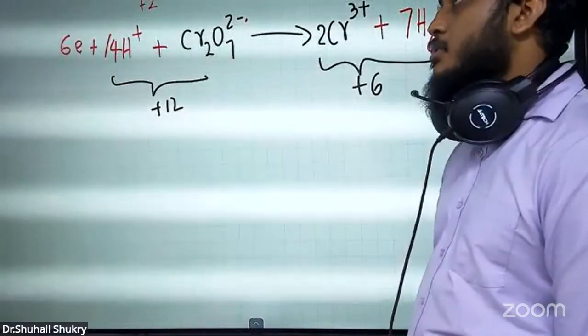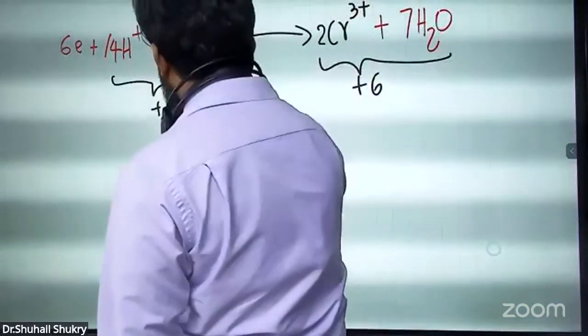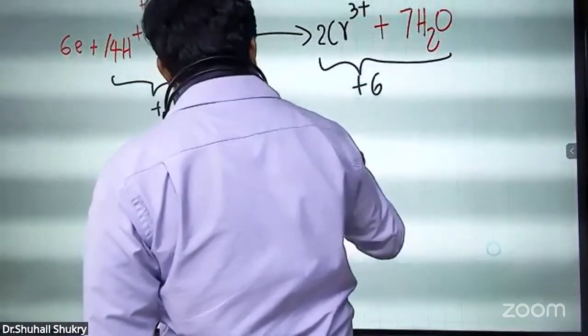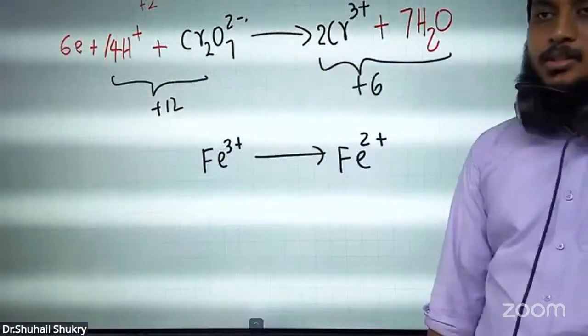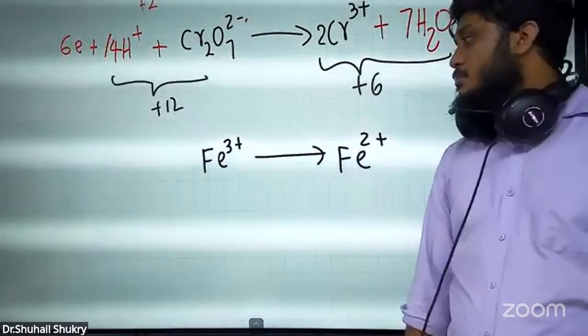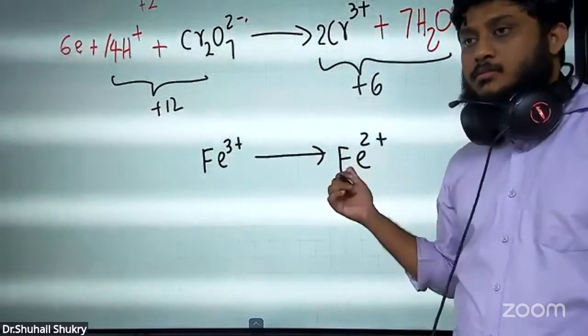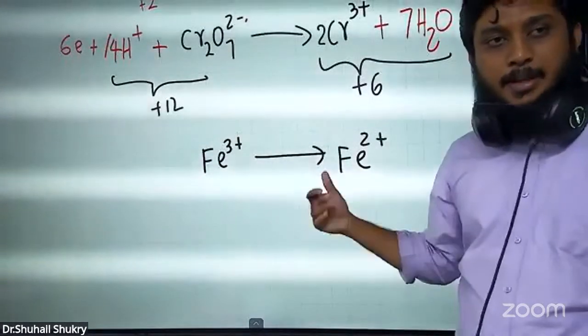Fe3 plus going to Fe2 plus. What should I do here? What's happening here? Should I balance oxygen? Should I balance hydrogen? Nothing.